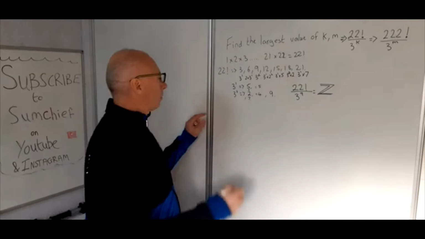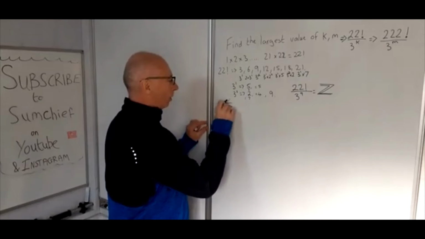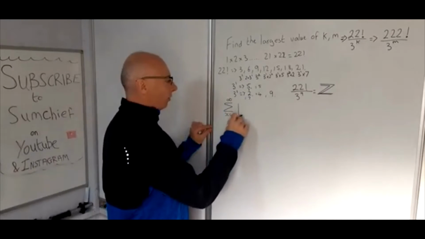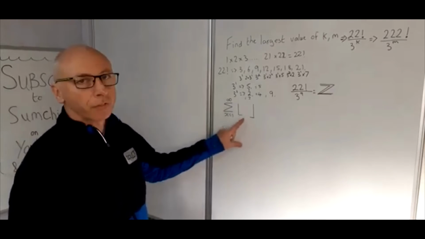So if you use a summation formula, we let x equal 1 to infinity, then the formula in here is we'll have the floor function, which gives the integer part of a division in here.